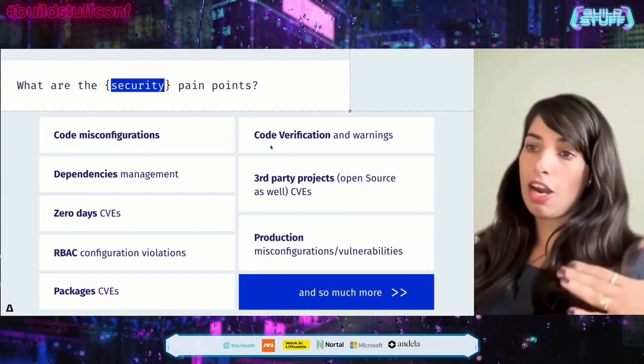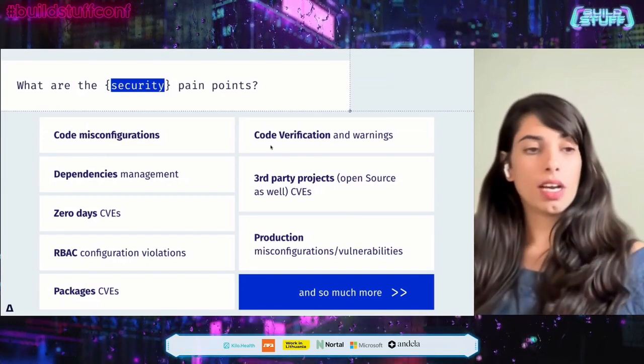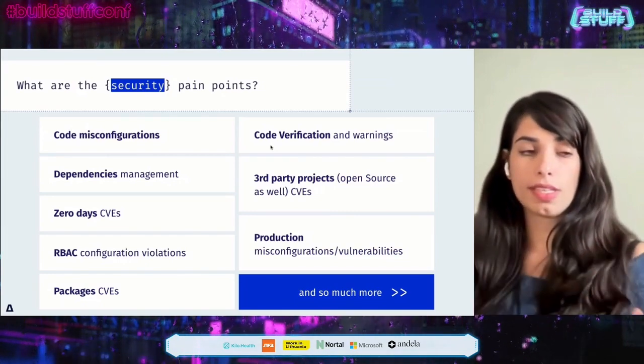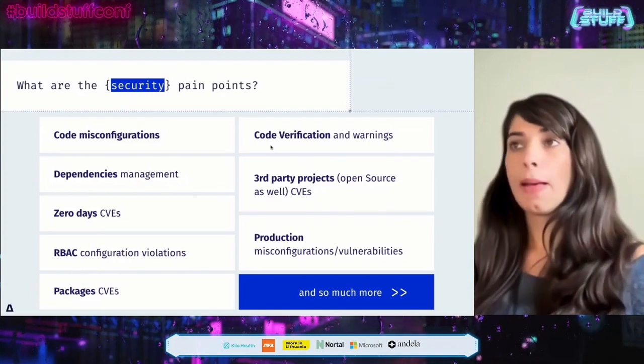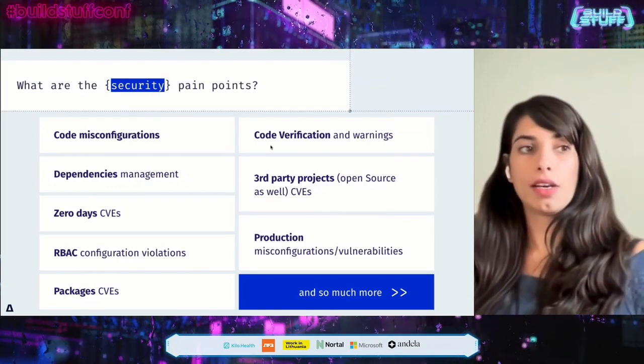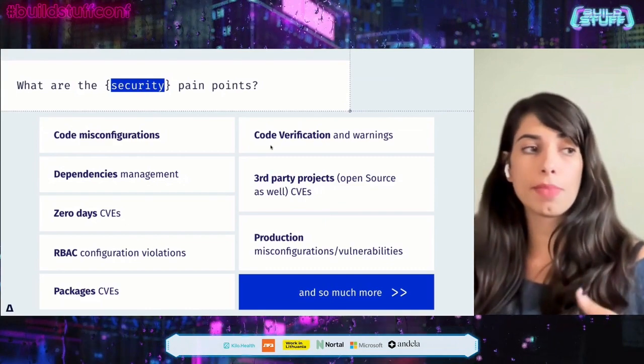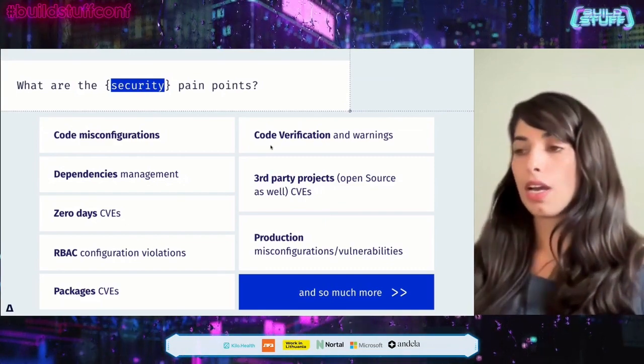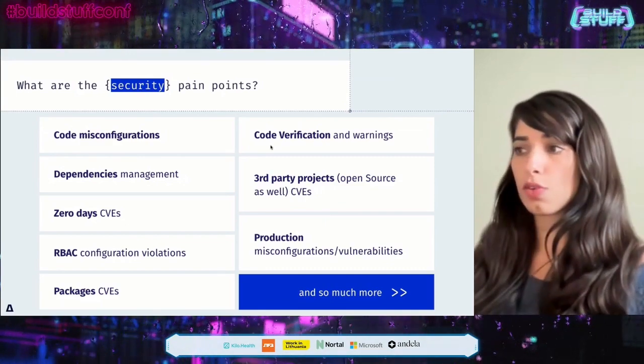And RBAC configuration violation. RBAC is a whole subject of how to manage it, but we can surely see who, for example, is a member of a master's group, and so on and so forth.